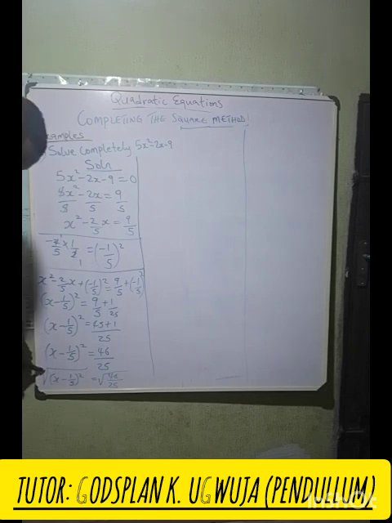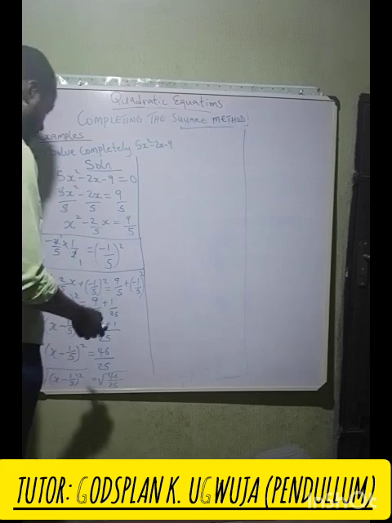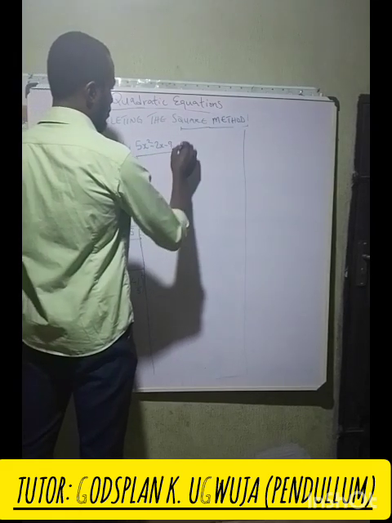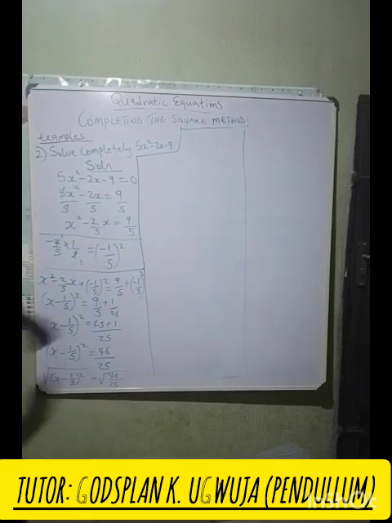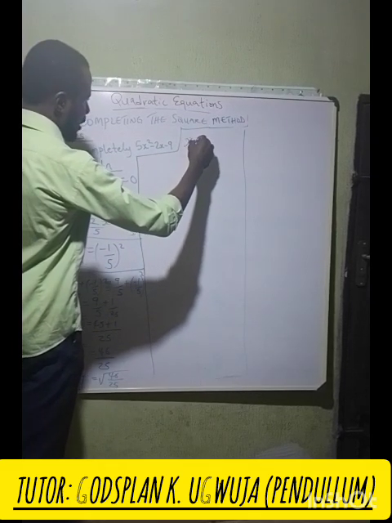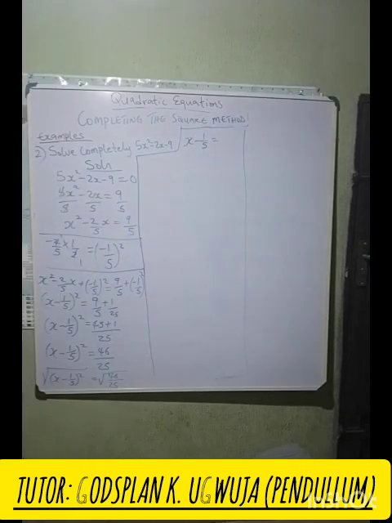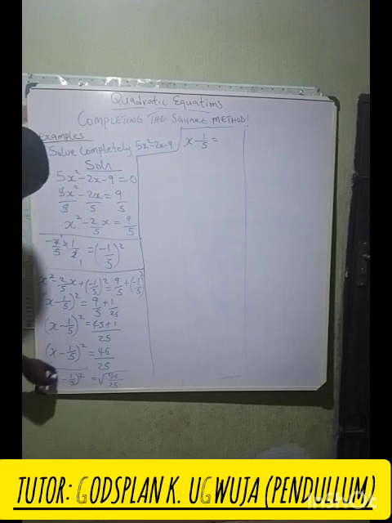So from here now, we know that this square root will cancel the square. Let me write out what we'll be left with. x minus 1 over 5 is equal to, if you cancel the square and square root, that's what I mean.